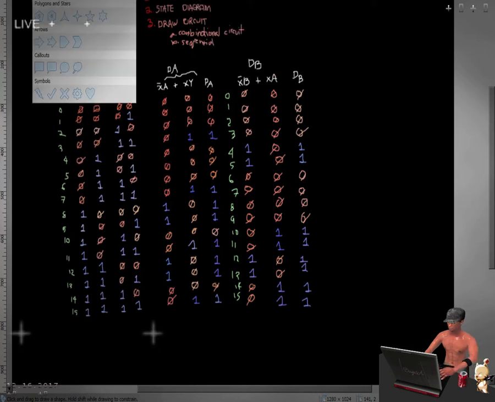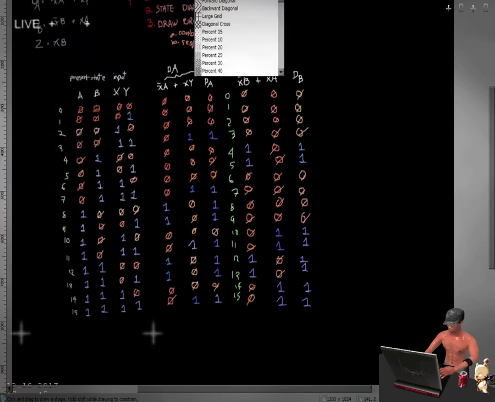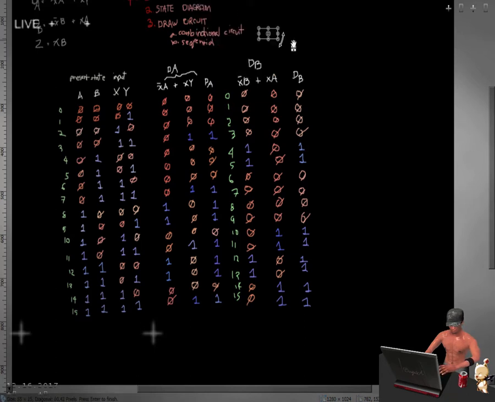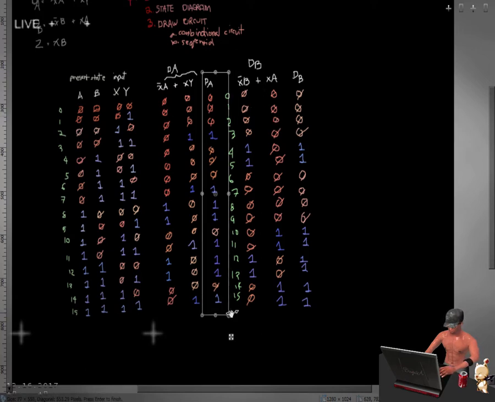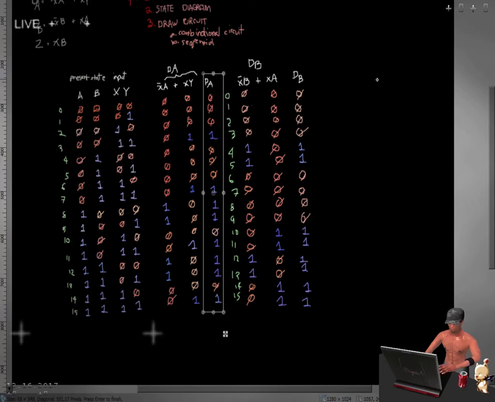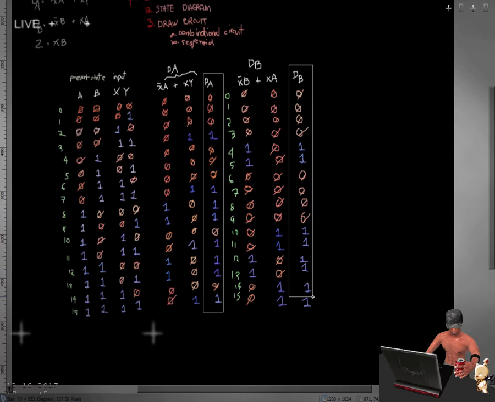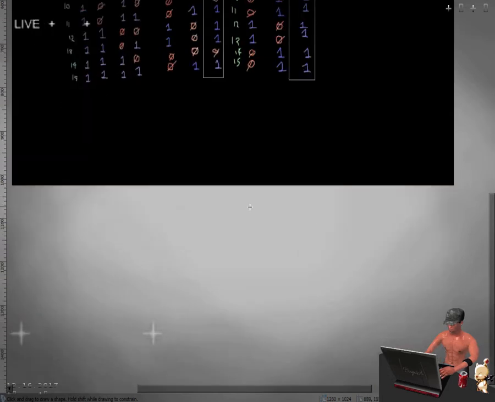See here, rectangle. We don't want it to be a solid color. You see, alright, it's not. So all we care about is these numbers. Alright, so that's our state table. Cool beans.